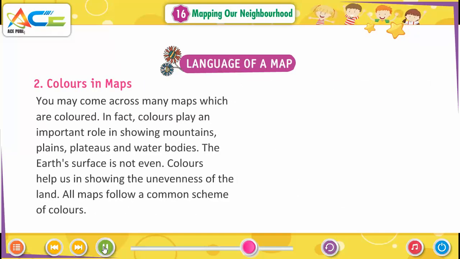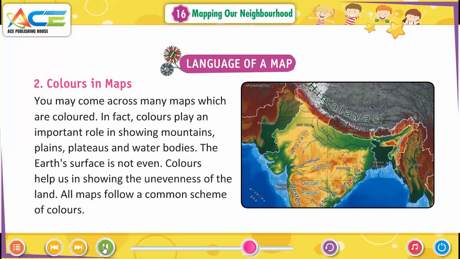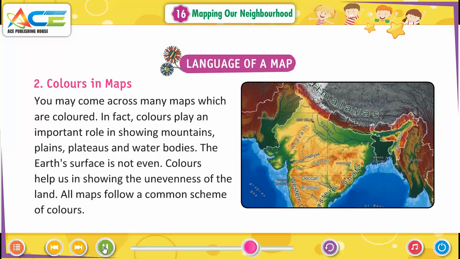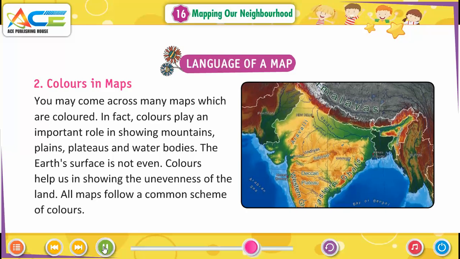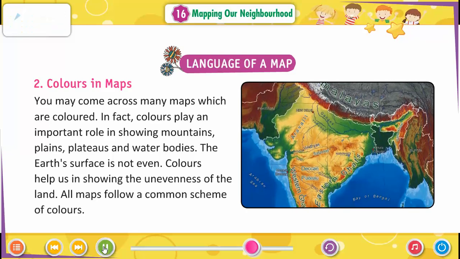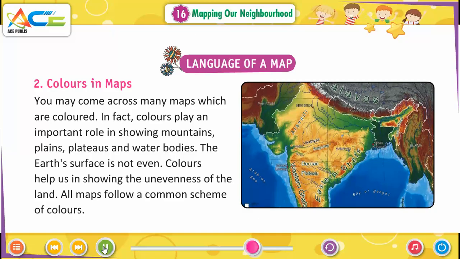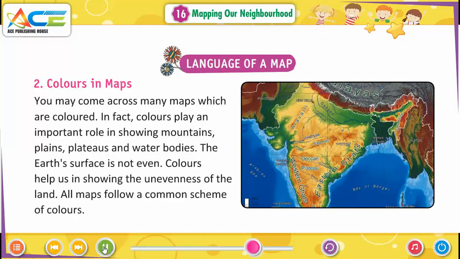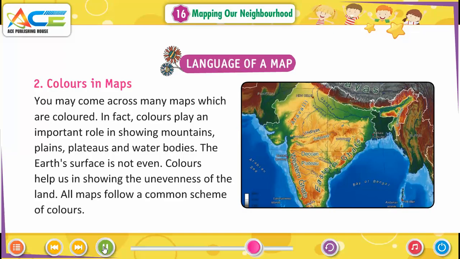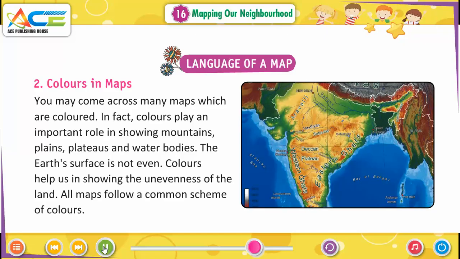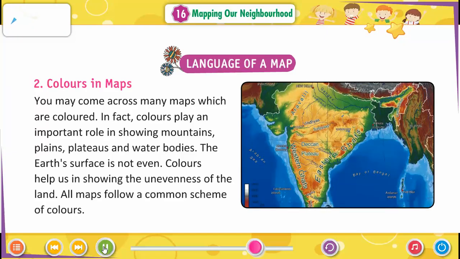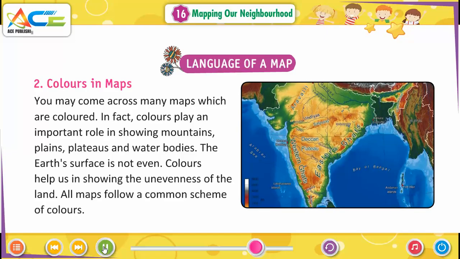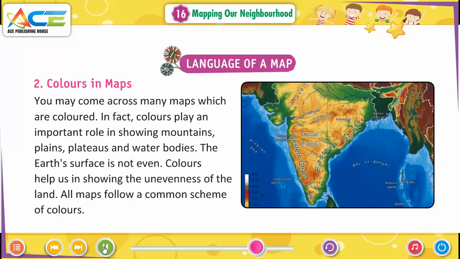Colors in maps. You may come across many maps which are colored. In fact, colors play an important role in showing mountains, plains, plateaus, and water bodies. The Earth's surface is not even. Colors help us in showing the unevenness of the land.